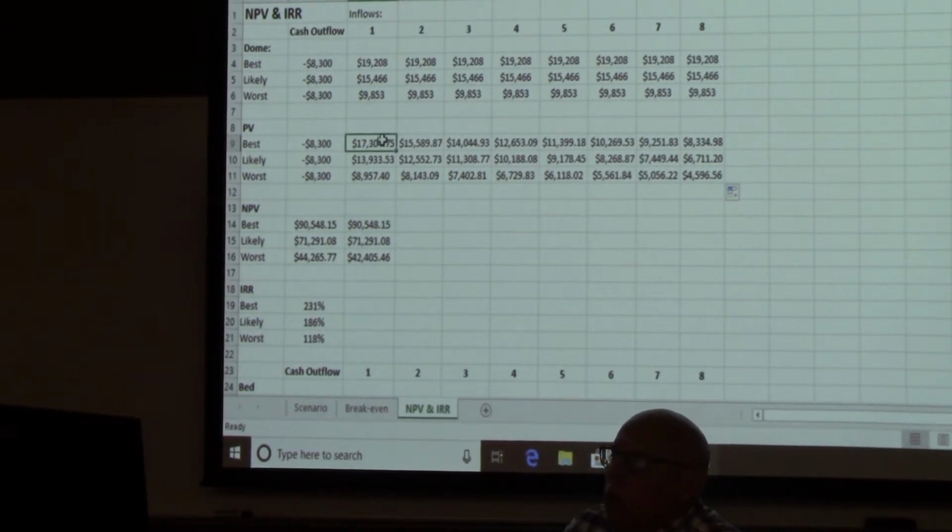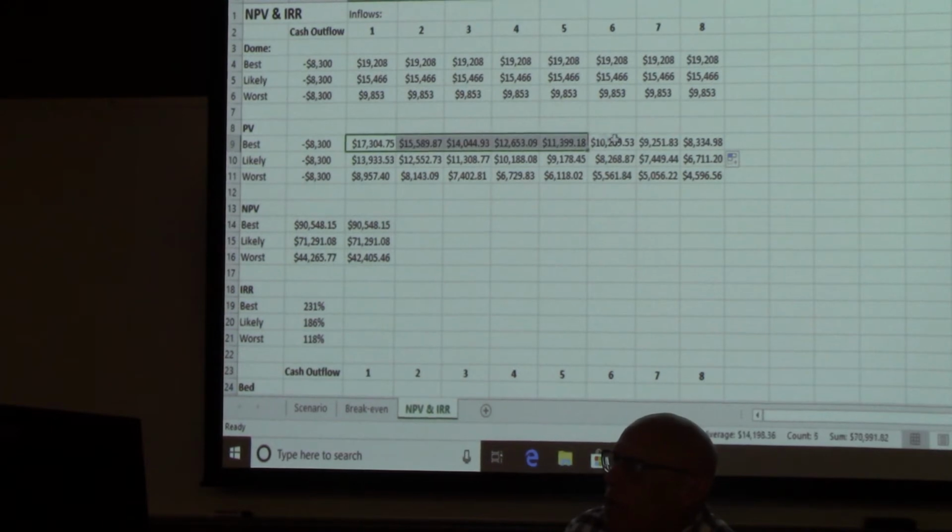So we take the cash inflow from year 1 and divide it by 1 plus K, and K is 11%, on page 75, Patsy's after-tax cost of funds. So add 1 to it and raise it to the year, 1 through 8, and drag that formula out, and there you go.